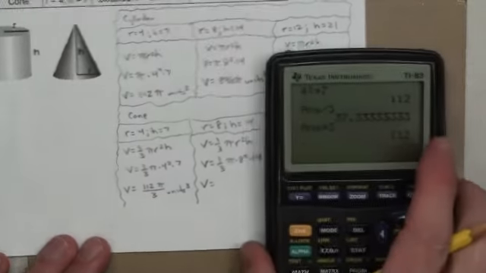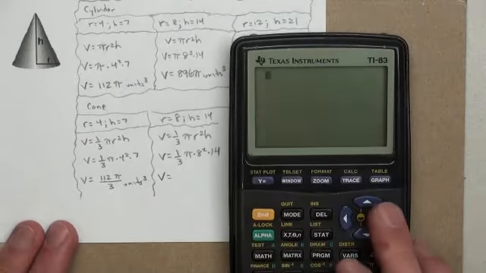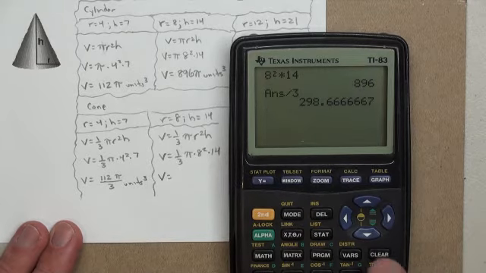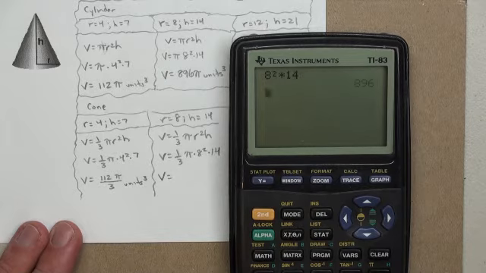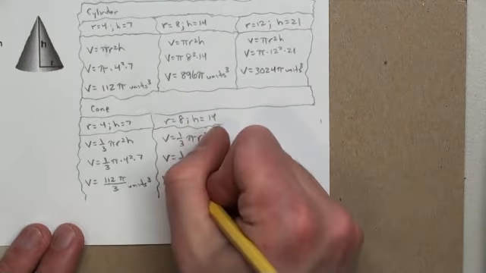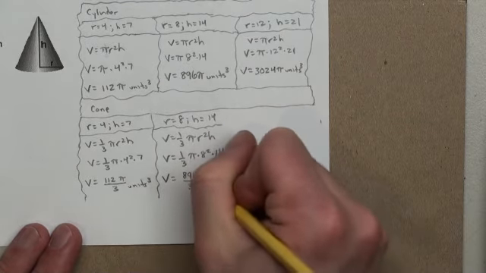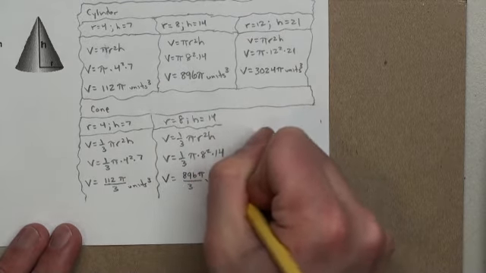Let's see if this one works out exact, otherwise we'll just do a fraction again. 8 squared times 14 divided by 3. Nope. So we'll just leave it as a fraction. 8 squared times 14 is 896 pi all over 3 units cubed.